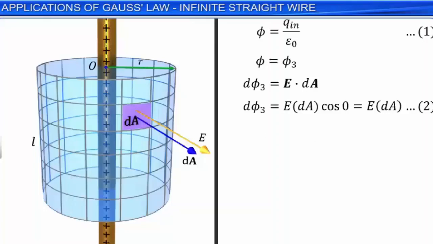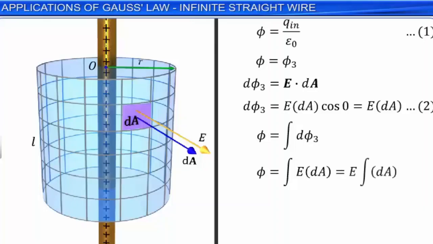Since all points on the Gaussian surface 3 are equidistant from the charged wire, the magnitude of the electric field strength E for any point on the Gaussian surface is a constant. Therefore, we can write phi is equal to E into integral dA. We know that integral dA is equal to A, which is the area of the Gaussian surface considered.